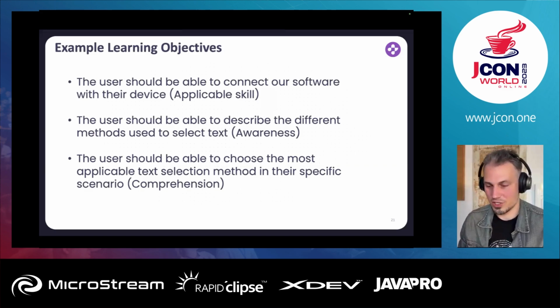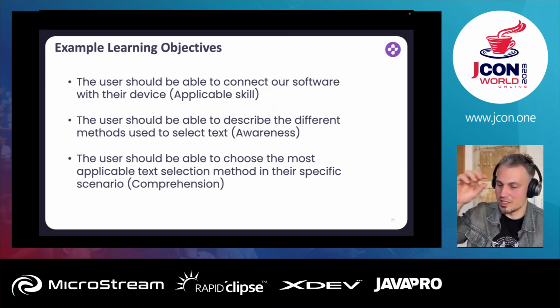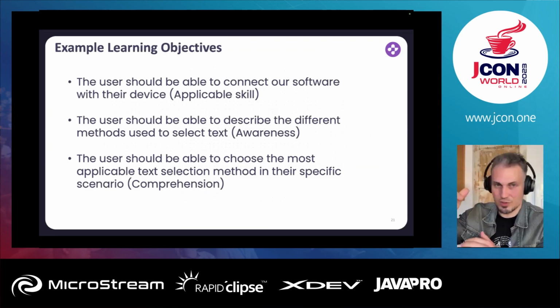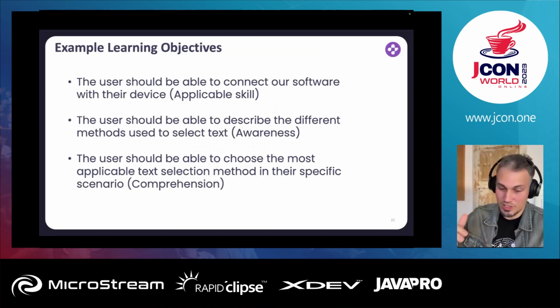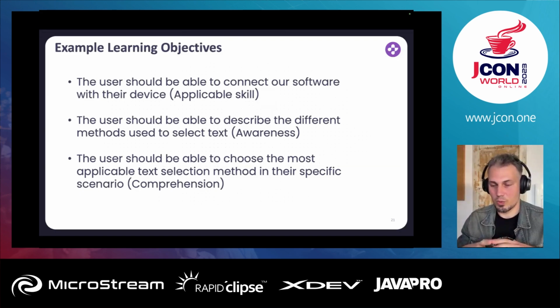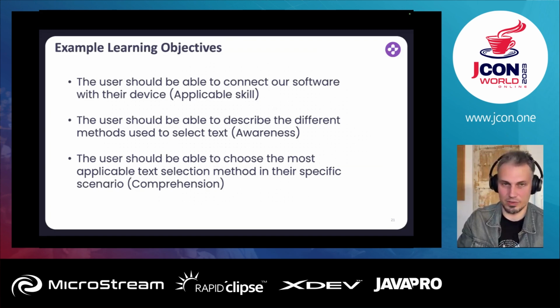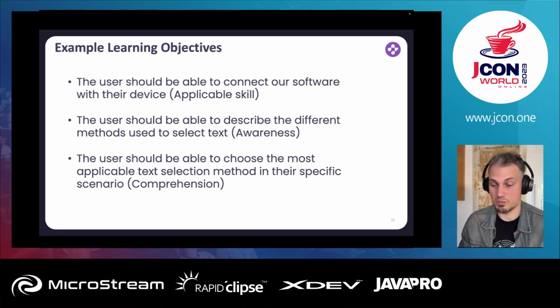A lot of documentation, if you read it carefully, says you have to install this, and there's an explanation on how to install it, and then you need to do this, and this, all in one page. This is a sign of not well-structured learning objectives. These learning objectives bleed into each other. It's better to say, okay, I have this specific learning objective, and then reference other checklists. So your documentation becomes modular, which improves maintenance.